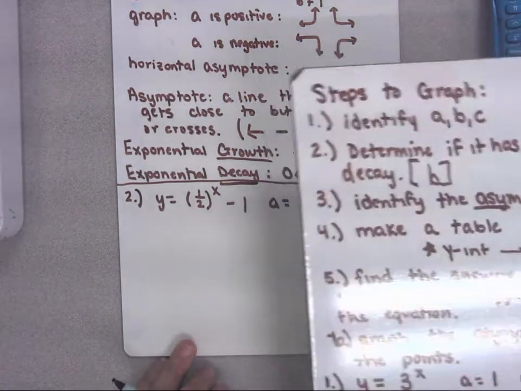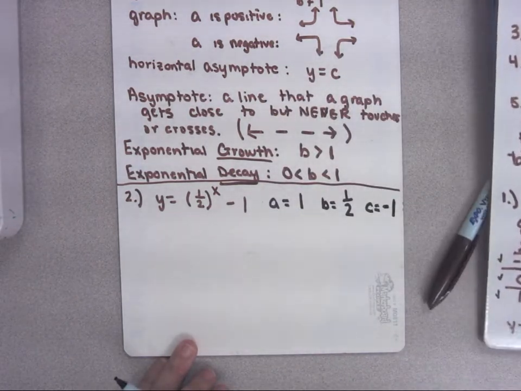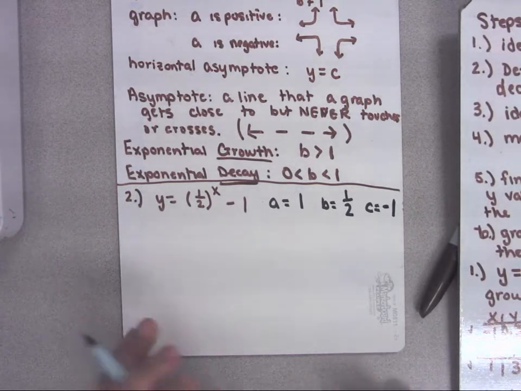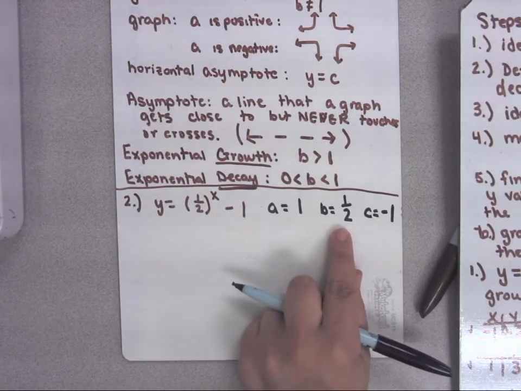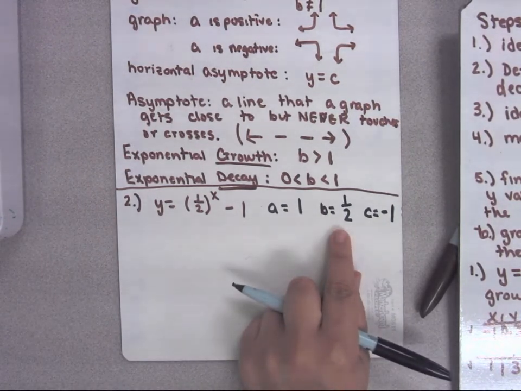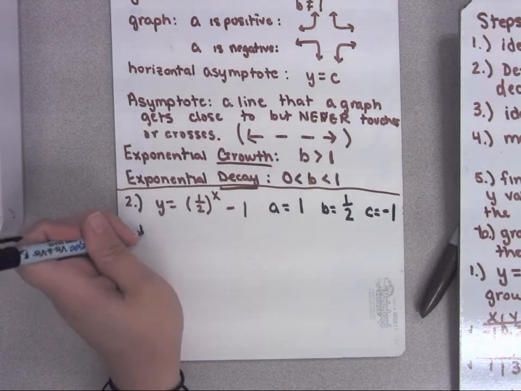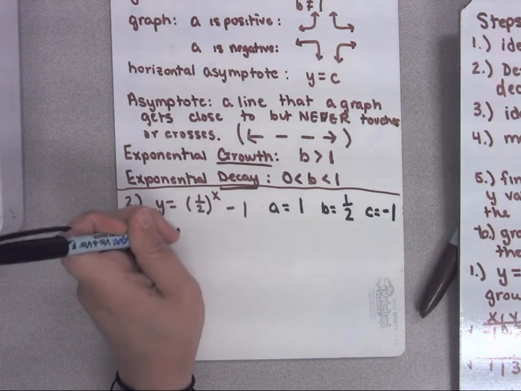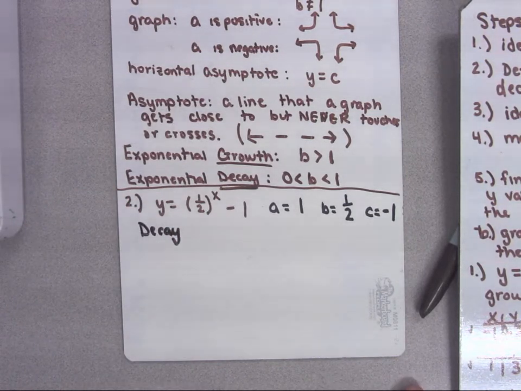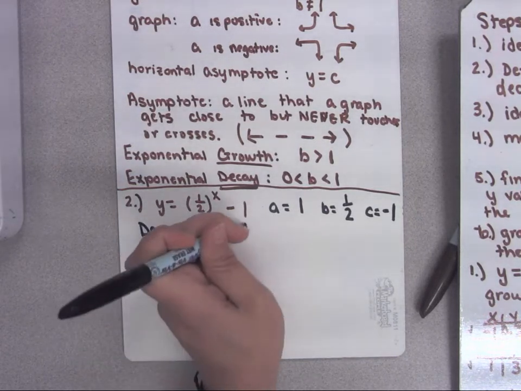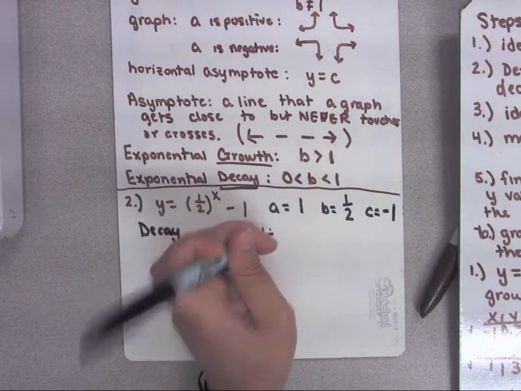Next thing my steps tell me is determine if it has growth or decay. Look at your B value. Is it greater than 1 or is it between 0 and 1? So what is it? Decay. Okay. What's after we find the decay? Asymptote.